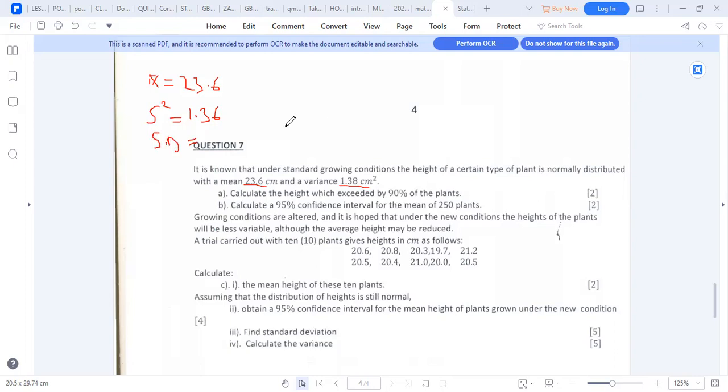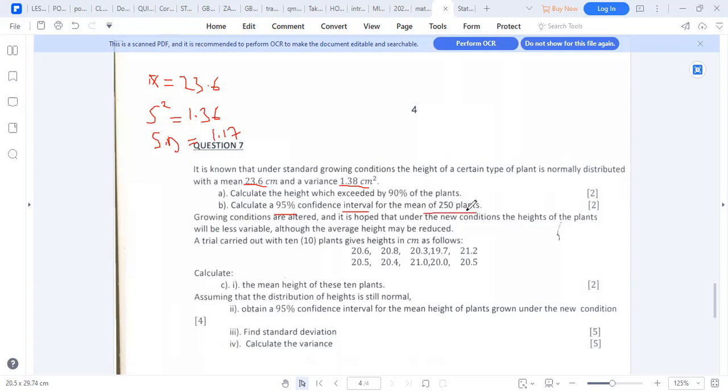It's 1.17. 1.17, correct. So now we're being asked to find the 95% confidence interval for the mean of 250 plants.